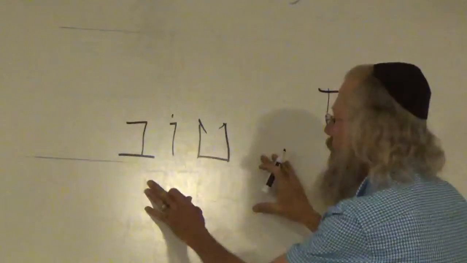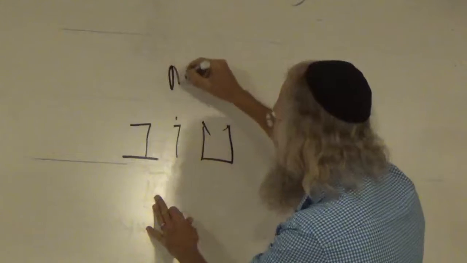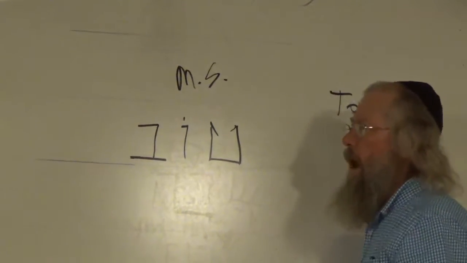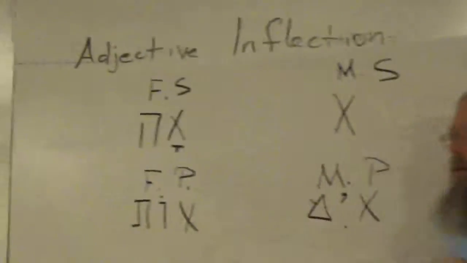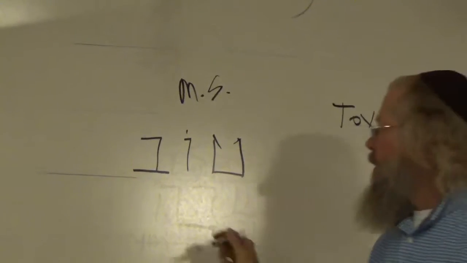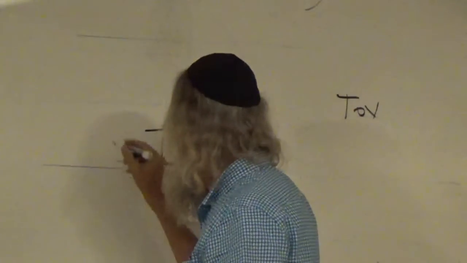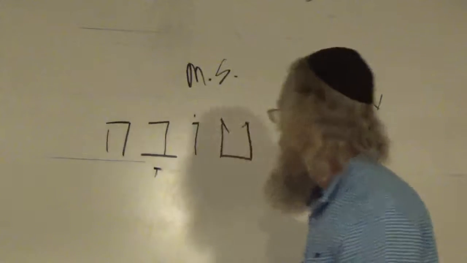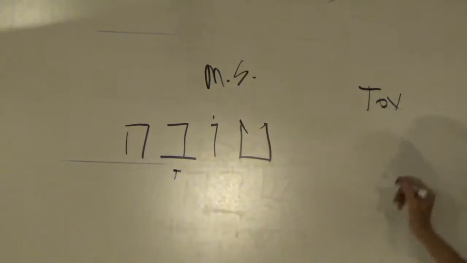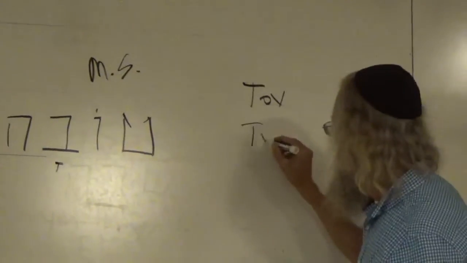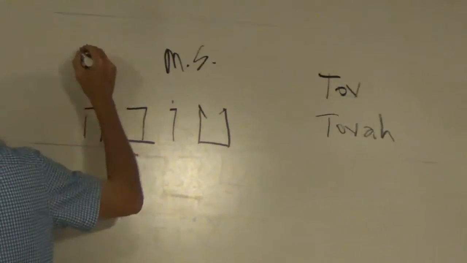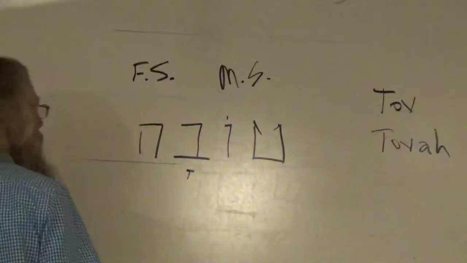So that means that this is in what form? This is a masculine singular form. Now if I want to put it into feminine singular, what? I've got to make an inflection. I have to change the ending, which means what? You add the he. So I'm going to add the he. So now you have what? Tova. Tova. Okay? So now I have feminine singular.